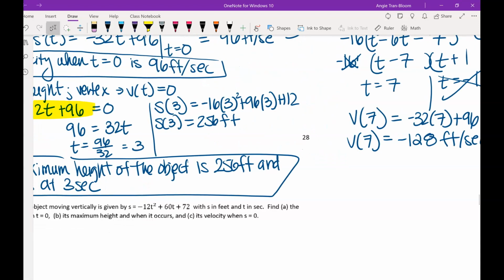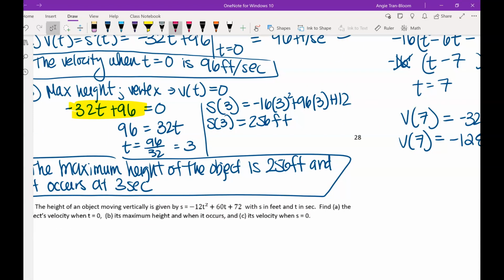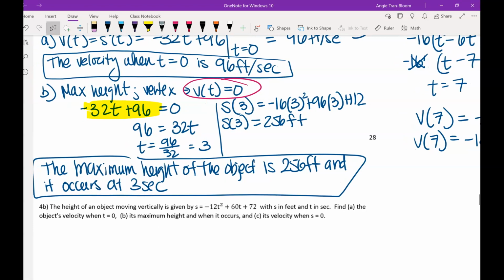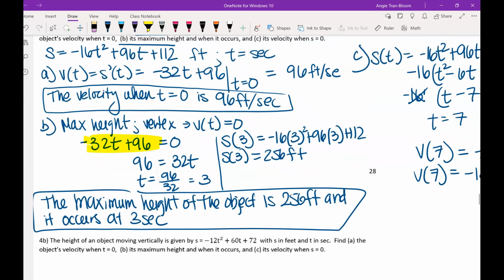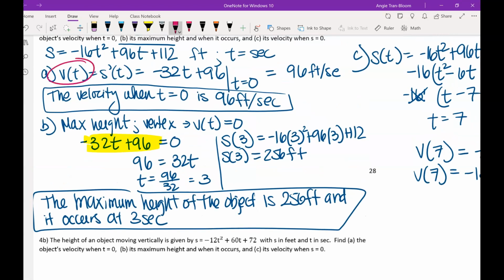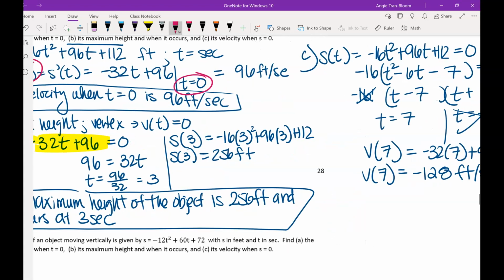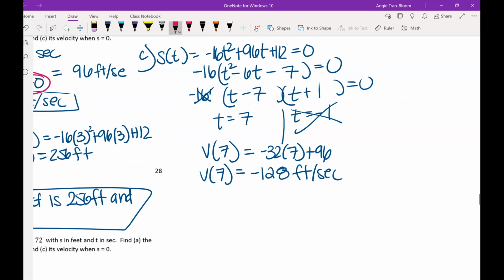So let's talk about this really quickly. This right here is the velocity when it went up at time equals 0, which explains why it was positive 96. Sorry, this one up here. Velocity equals 0. So when it went up, the velocity is positive because it was going upward at 96 feet per second.